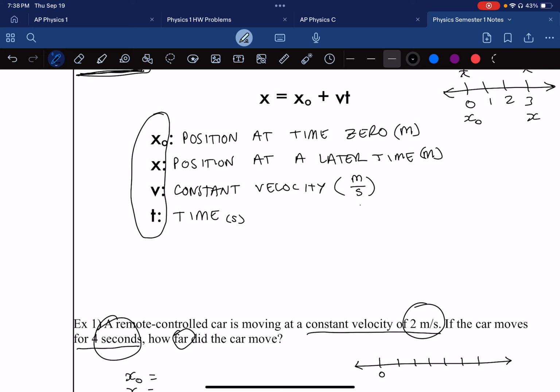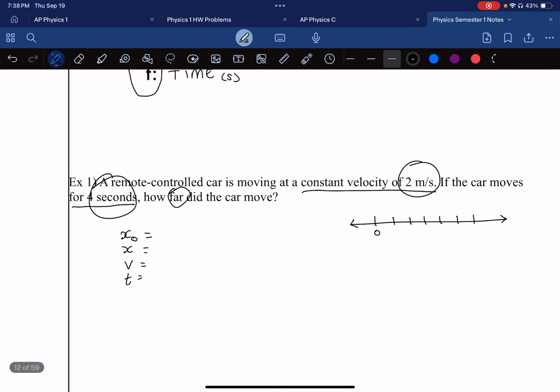If you have a value that's in meters per second, that will be the constant velocity. And if you have a unit that's in seconds, that's the time. And so I always use the units to tell me where to put these numbers. 4 seconds is always one of the easiest ones when we have seconds. So we'll put 4 seconds there. Constant velocity, that's 2 meters per second. And so that tells us that goes here on the list. And that's actually all the numbers that they give us.